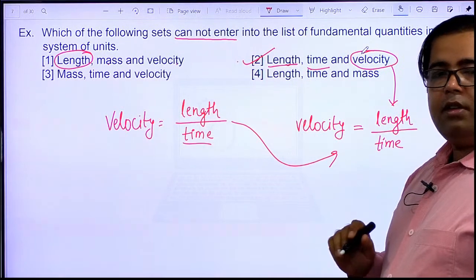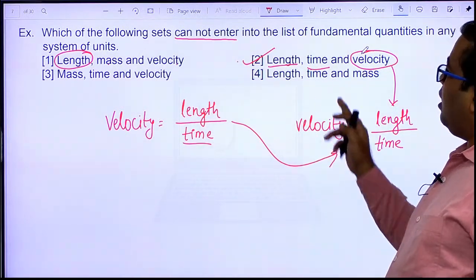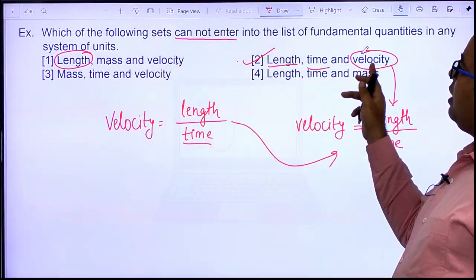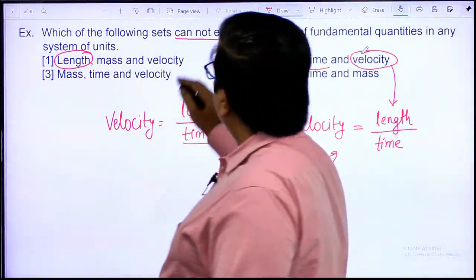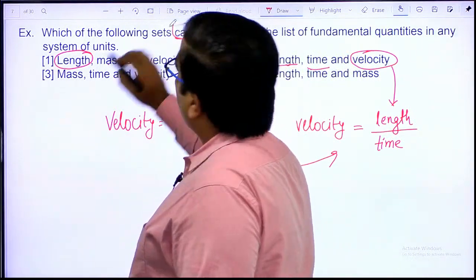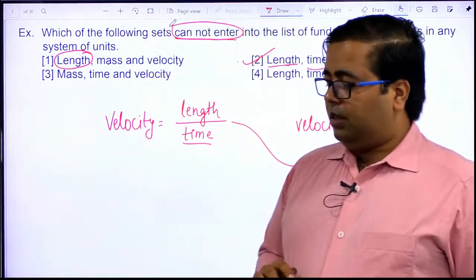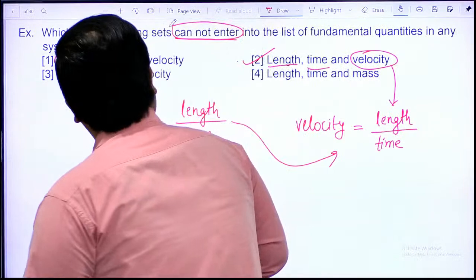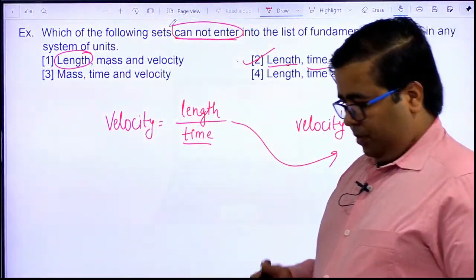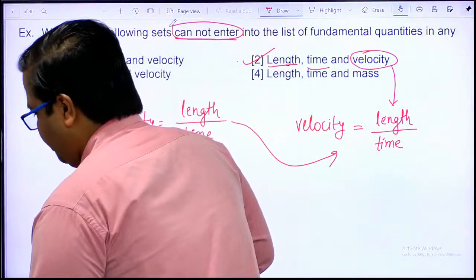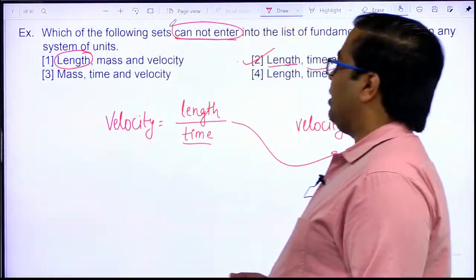That means length, time and velocity can never be taken as fundamental quantities, and we have to find the set that cannot be taken. That means the second is the correct answer. Okay, now I am moving ahead to units.